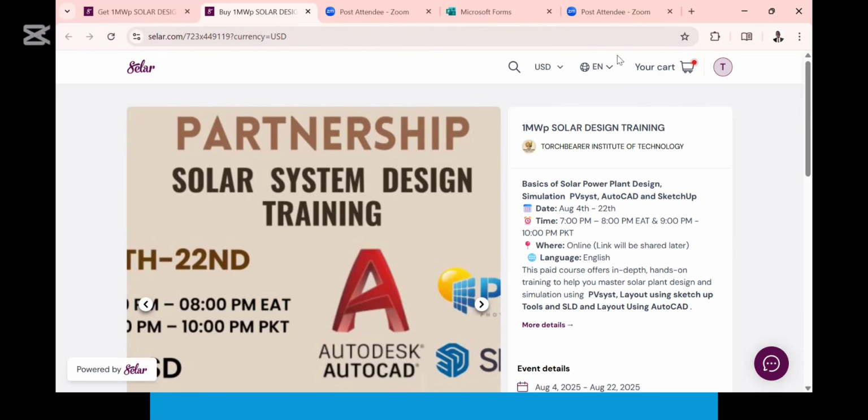The certificate is just for this training, to show that you have attended a training on PVsyst, AutoCAD, and SketchUp. It's a recognition that you have attended the training.